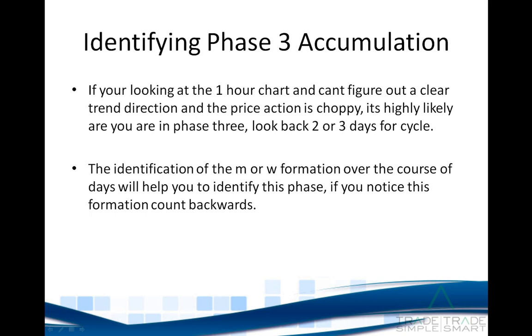So again, if you identify within price action an M or W formation over 2 to 3 days, then count backwards and look for the cycle. The price behavior of level 3 accumulation is typically non-directional and will span the course of 2 to 3 days.